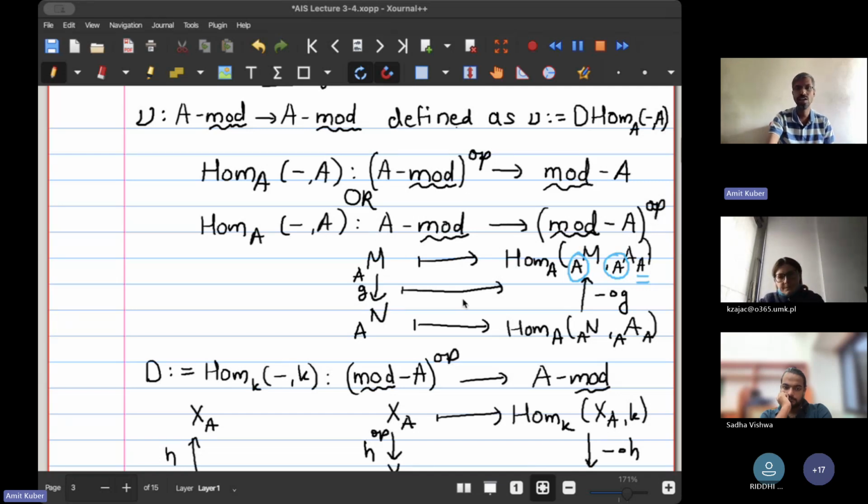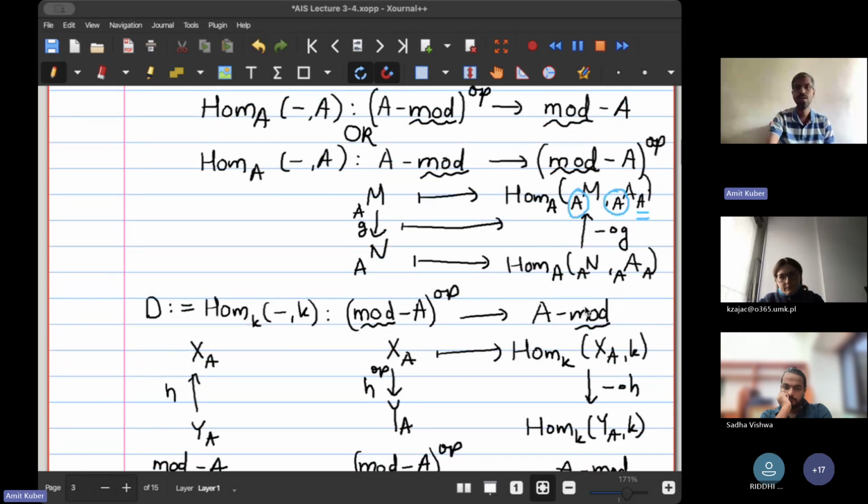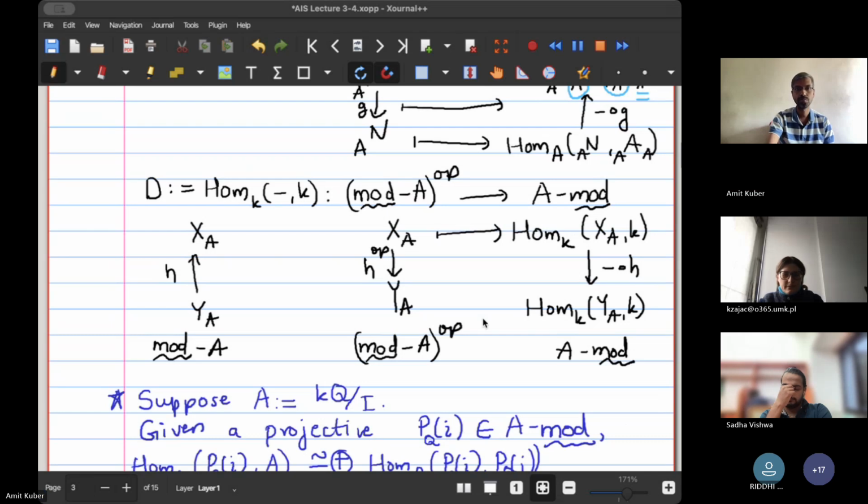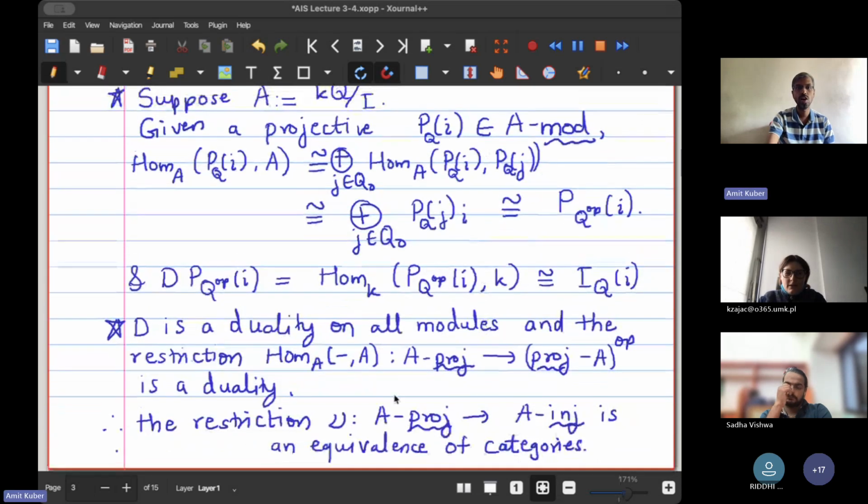It's a contravariant functor, and D goes from mod-A^op to A-mod. Both of them are simply compositions with certain morphisms, and the composition of both these functors we denote by the letter nu. This nu is actually a duality when restricted to projective modules. It gives us an equivalence with injective modules, which is a surprising thing because normally this doesn't happen in practice.